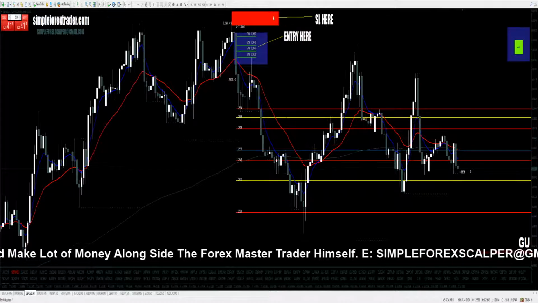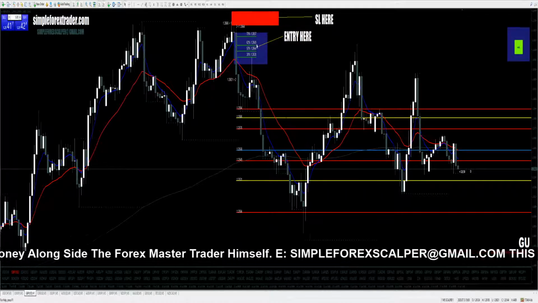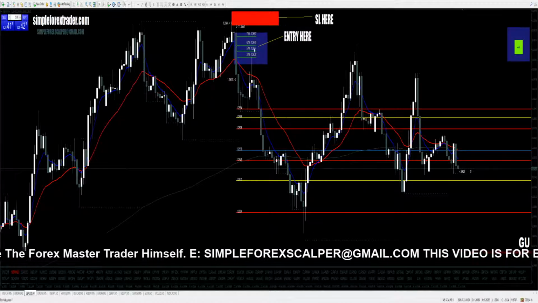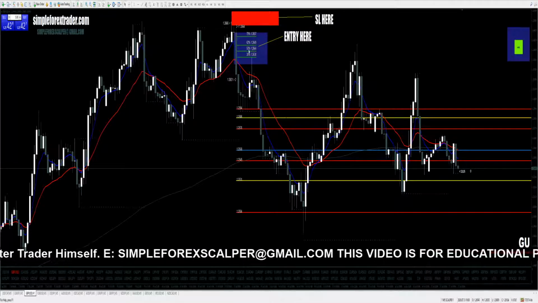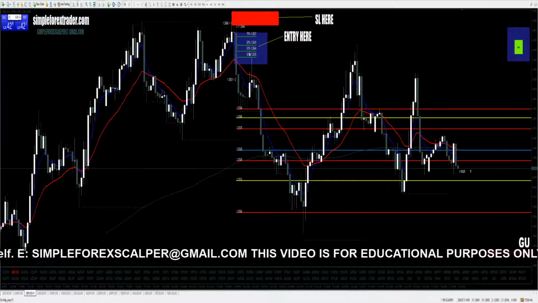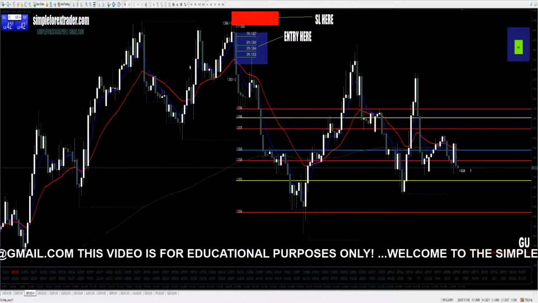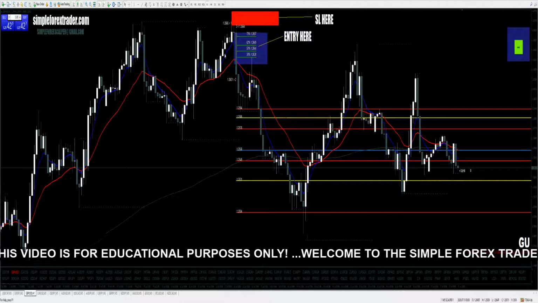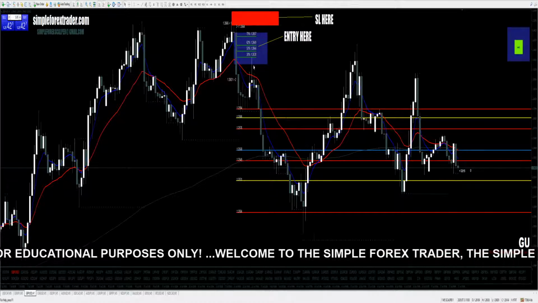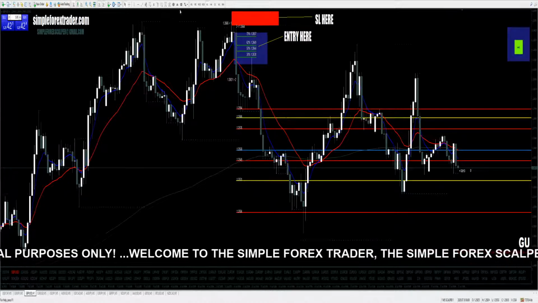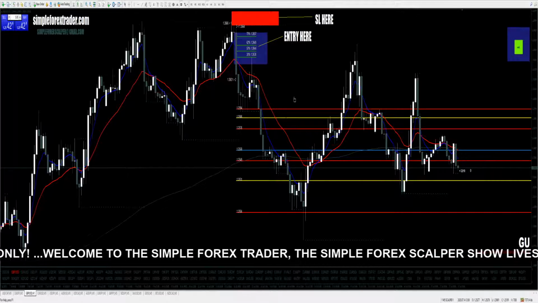Okay, but let's say you enter the trade at 50% level here, and it has moved down. This is a sell, of course, right? Entry here, and down here is your profit target.